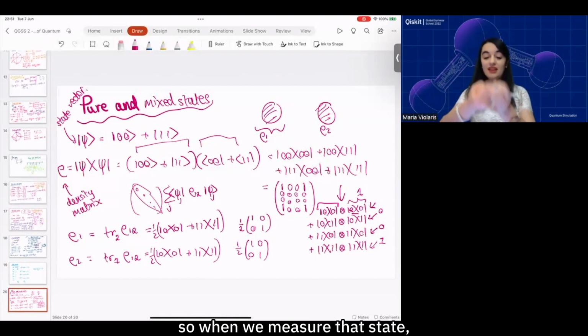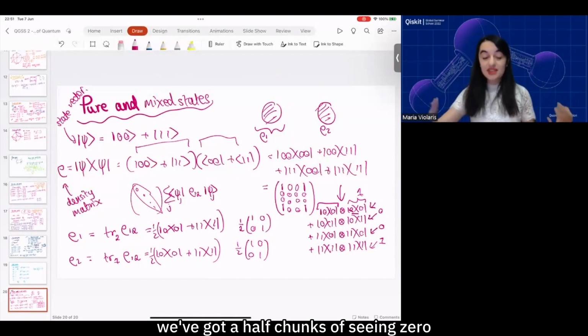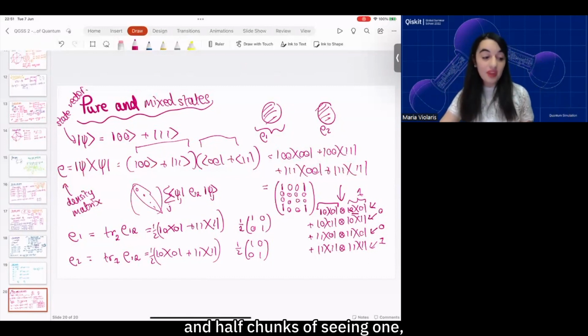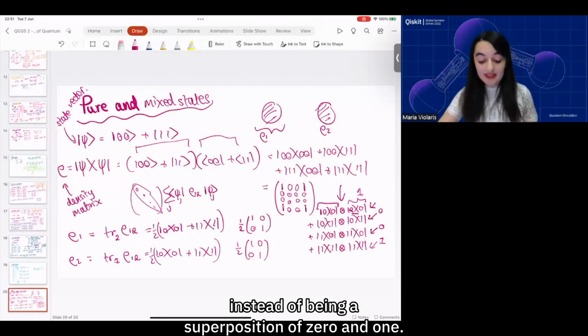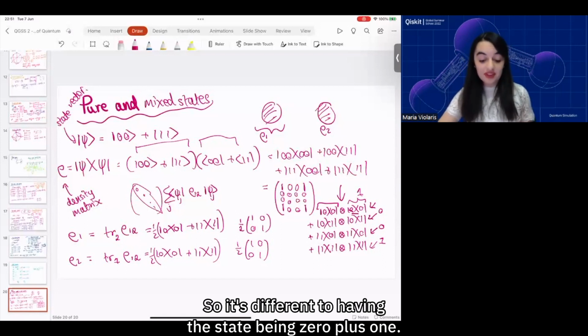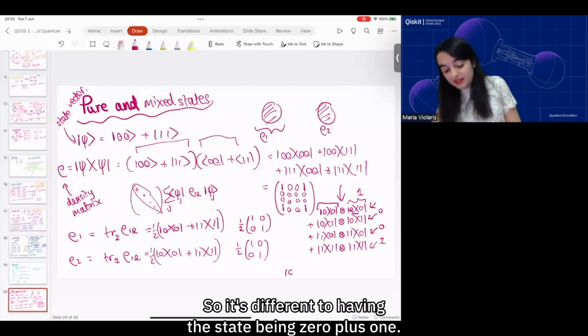So when we measure that state, we've got a half chance of seeing 0 and a half chance of seeing 1, but it's a statistical mixture of 0 and 1 instead of being a superposition of 0 and 1. So it's different to having the state being 0 plus 1.